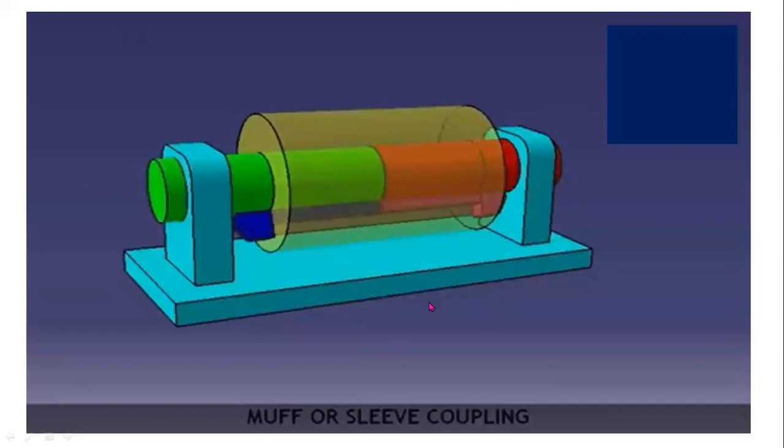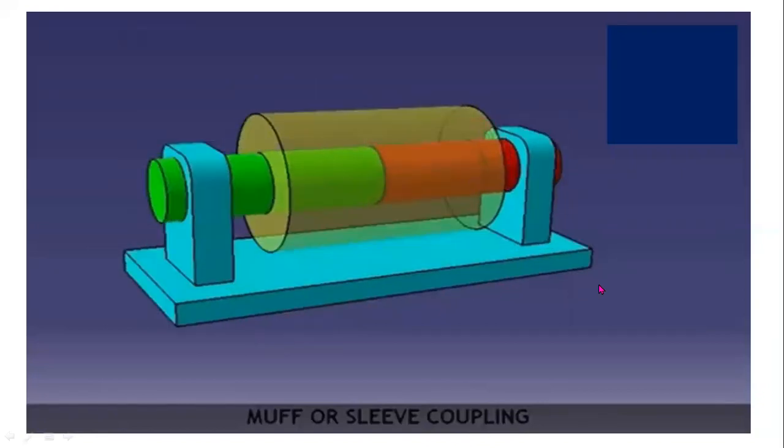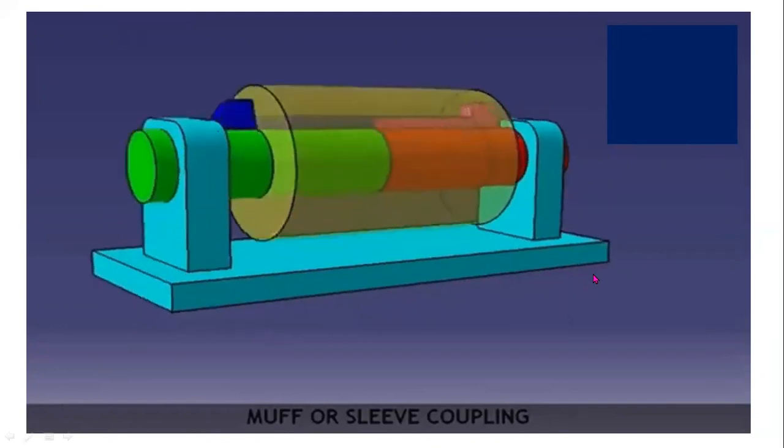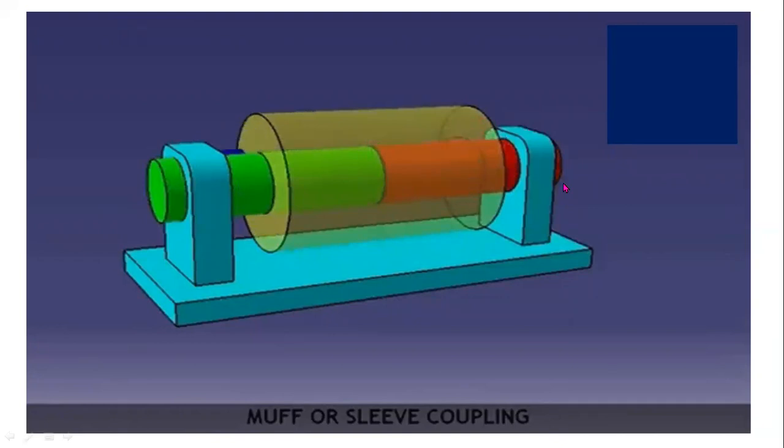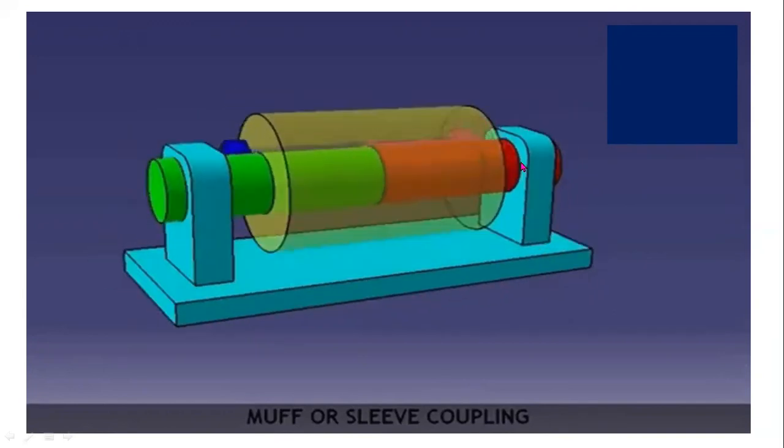Now this is the animation view of a muff or sleeve coupling. Here this green color and red color indicate shafts.